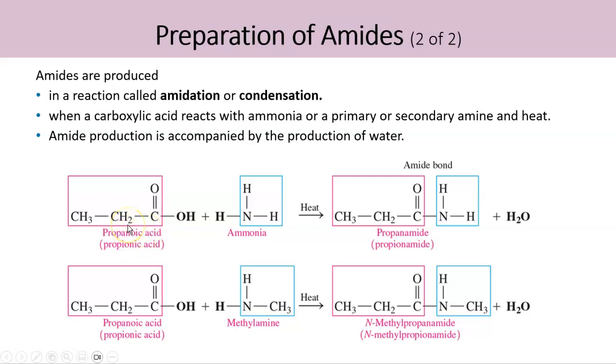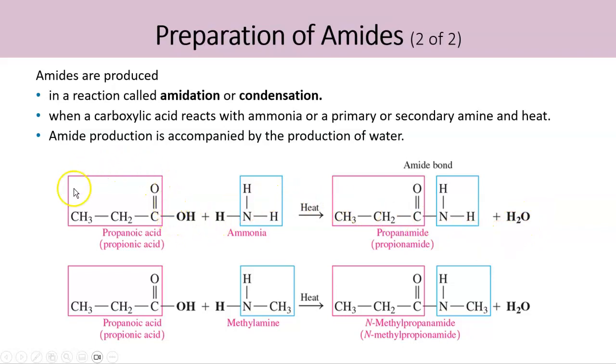In the carboxylic acid, the hydroxyl group will be separated from the carboxylic acid, and that hydroxyl group will combine with one of the hydrogen atoms in the amine or ammonia to eliminate as a water molecule.